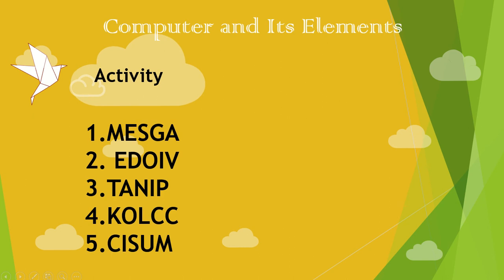Okay, first we have this activity. Our first jumbled letter is M, E, S, G, and A. So, what do you think is the word?